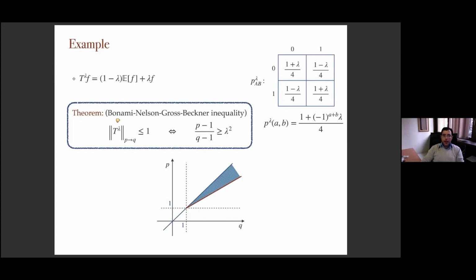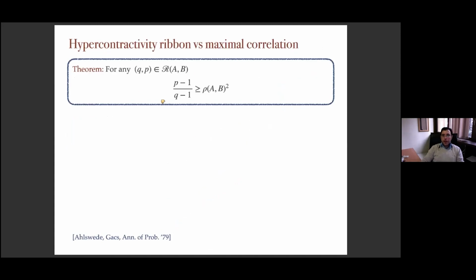So probably the hypercontractivity ribbon and maximal correlation are somehow related. And that's given by this theorem. If the pair Q, P belongs to the hypercontractivity ribbon, then this inequality holds, where rho is the same maximal correlation that we had before.